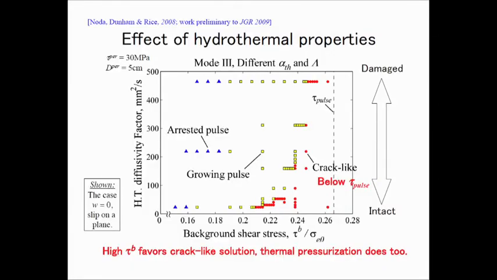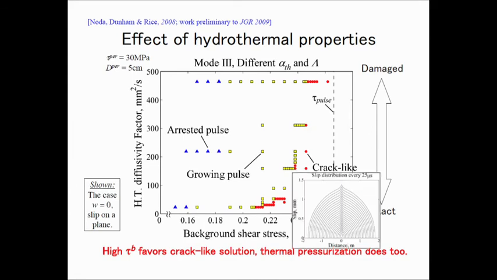So, just to make clear what crack-like, pulse-like, etc. means, here's an example of a rupture that was started. These were calculations that required a very big parallel computer, a Blue Gene system with over 100 processors, so it was expensive to run them out very far.